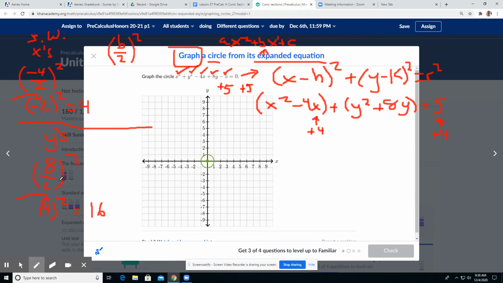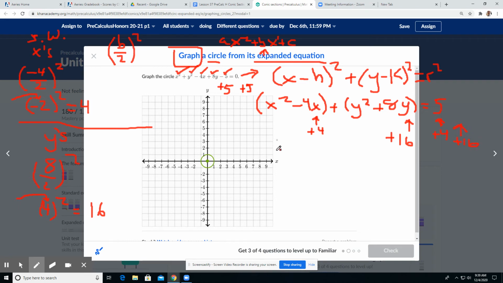So looks like we're adding 4 again. Is that right? No, adding 16. I almost distracted myself by the 4 focus. So 16 is what I'm adding to both sides. Couldn't have been 4. It's a different number than that one. So I'm going to add 16 here, and I'm going to add 16 here.